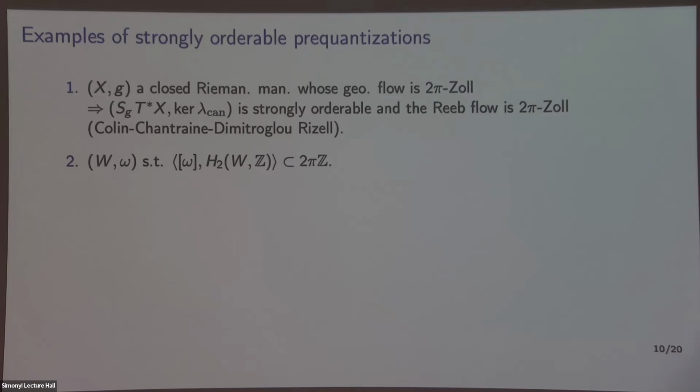So you start with a closed symplectic manifold, which is integral, in the sense that when you evaluate omega on H2, you get a multiple of 2 pi.